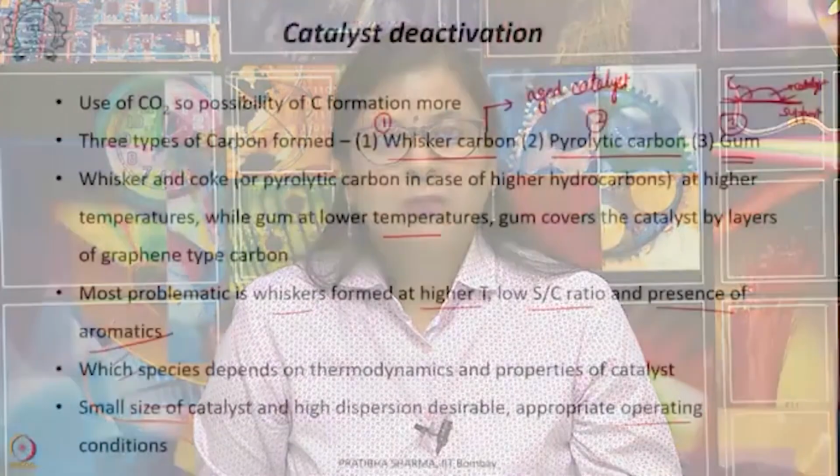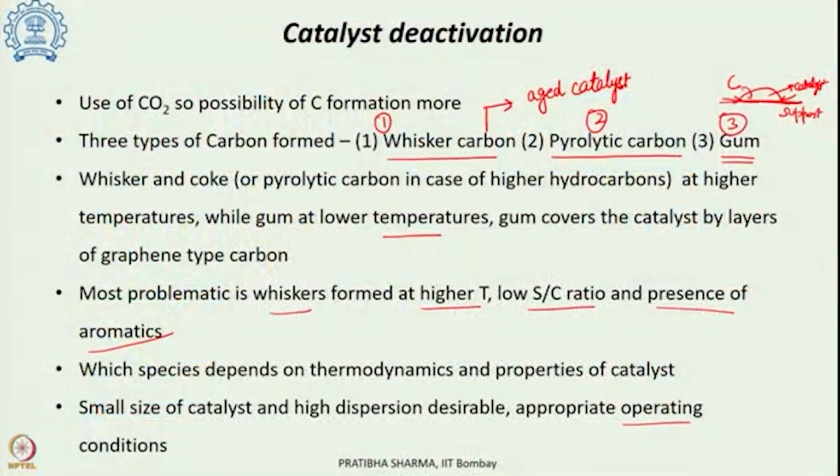But there are challenges that we have seen in detail in steam methane reforming: if we use a very small size of catalyst, then there will be pressure drop. So there should be an optimum size of the catalyst, not very high and not very low, determined by the heat transfer as well as the pressure drop inside the bed.